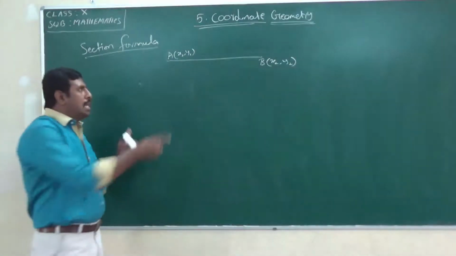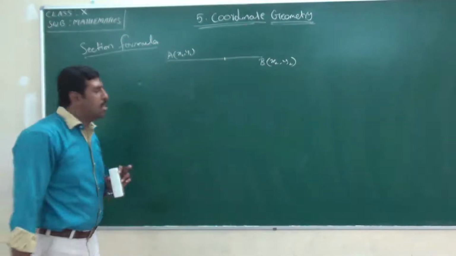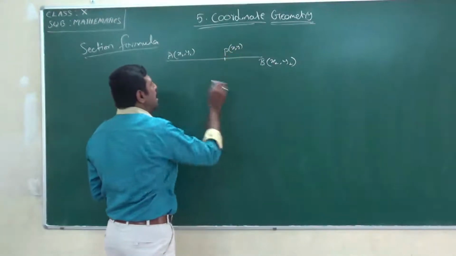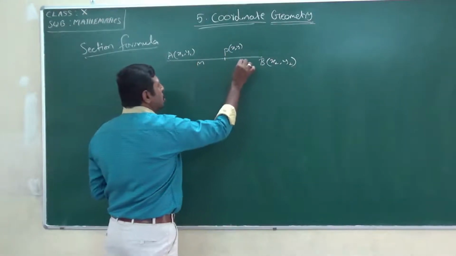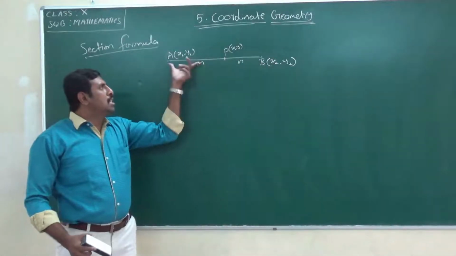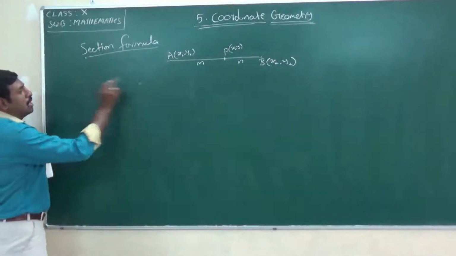The point P lies on this line. We want to find the point P in the ratio m is to n, because we don't know the lengths of AP and PB. So we take the ratio.